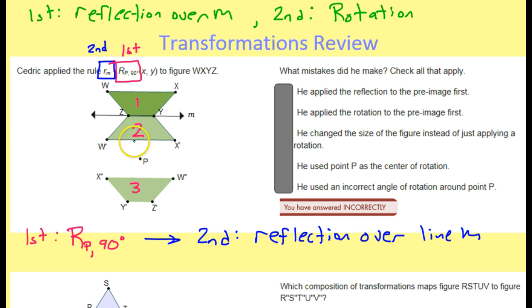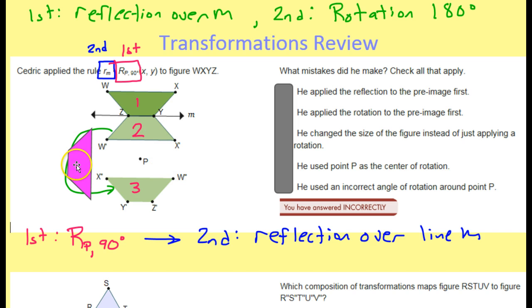Now, when he did this rotation, how many degrees is this? Can you see that the figure is turned completely backwards? That is actually a 180 degree rotation. It's completely upside down. A 90 degree rotation would have looked like this if it just turned sideways.